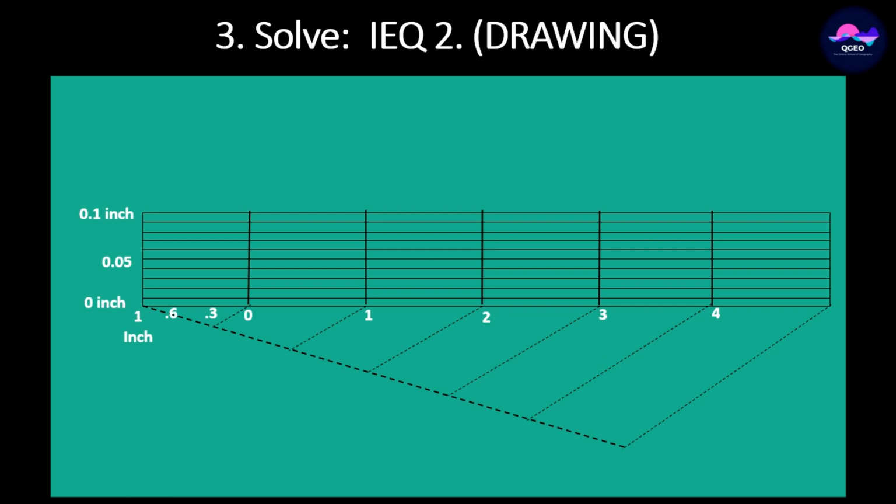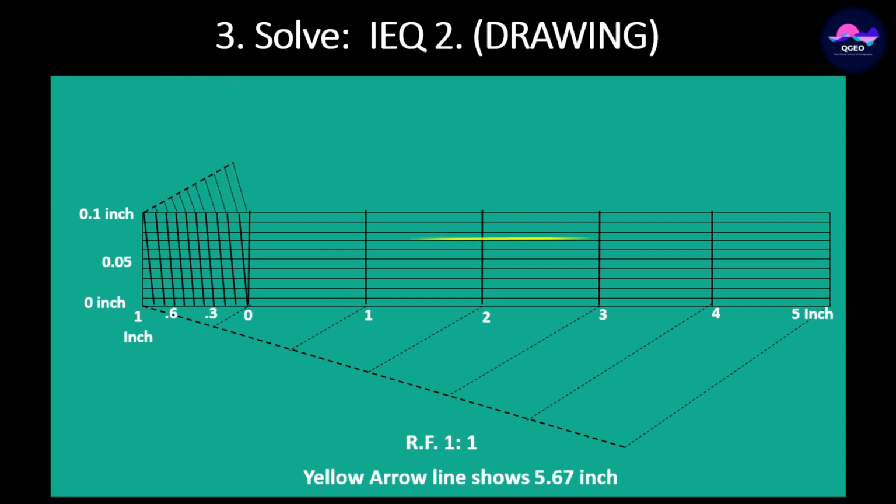Here divide it into 6 equal parts, as we have to draw the 6 inch scale, and one primary division is divided into 10 parts, so that we can get in secondary division 0.1 inches and in tertiary division 0.01 inches.